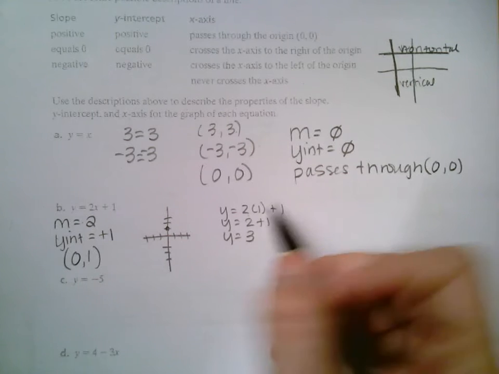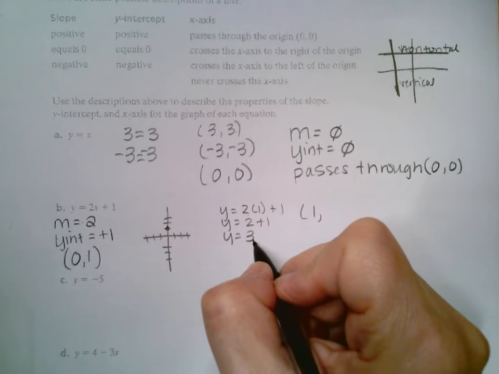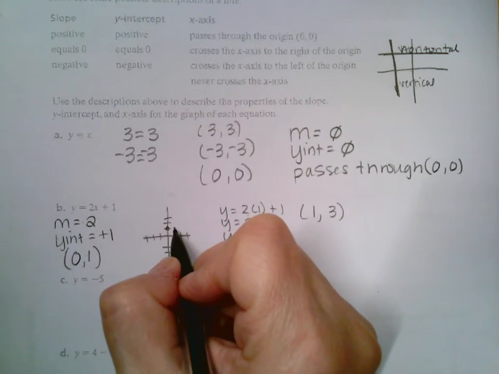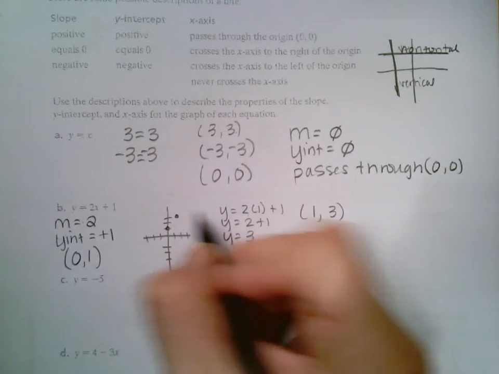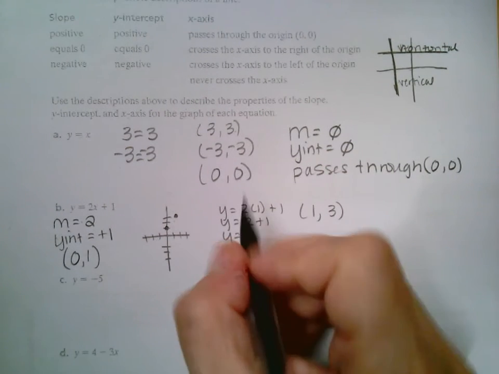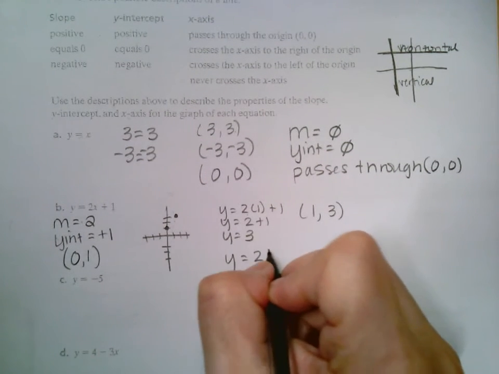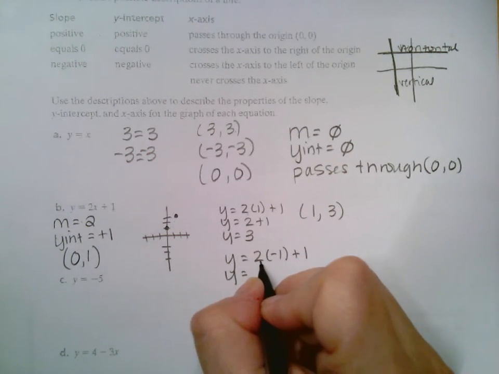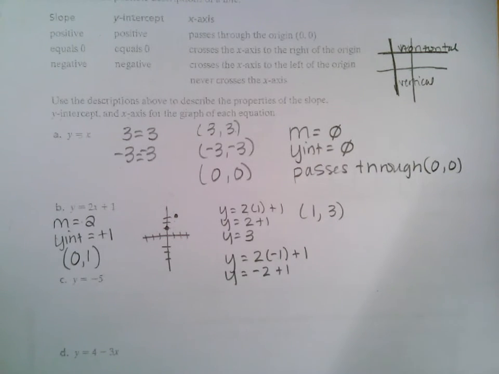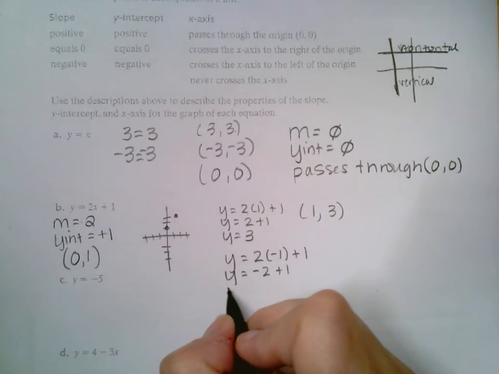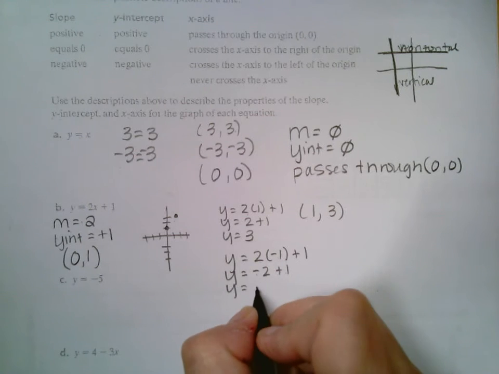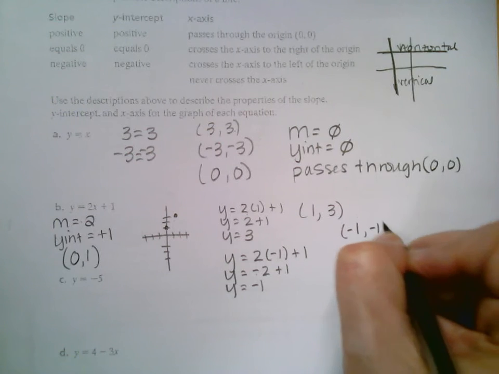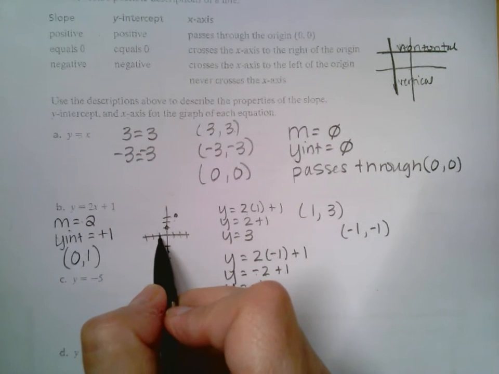So when x is 1, y equals 3. So now I'm going to go over 1, up 3. Now I'm going to do a negative 1. Y equals 2 times negative 1 is negative 2 plus 1. Y equals negative 1. So I have negative 1, negative 1.